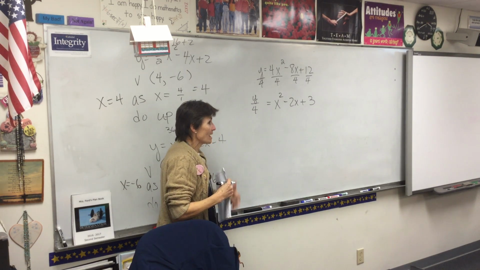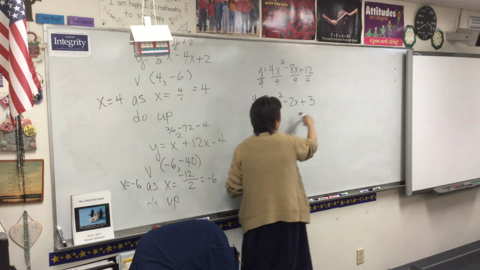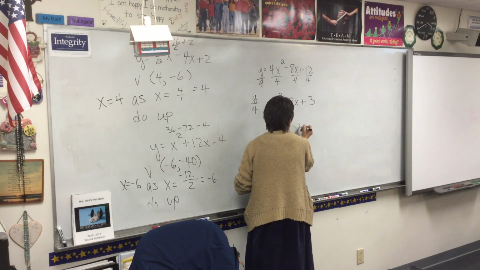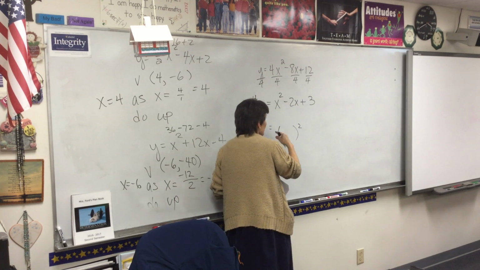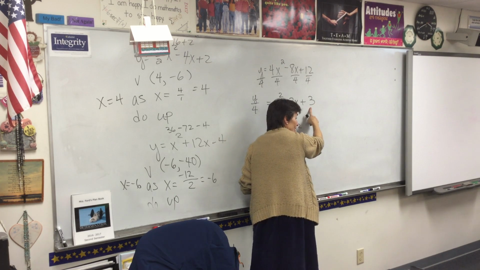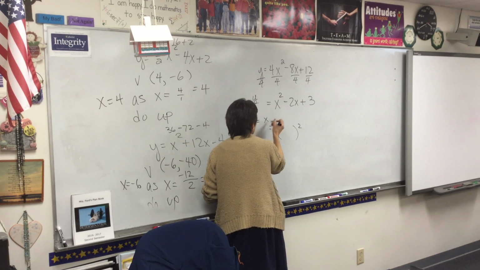Now the directions say complete the square. So you know you have to find a number that will make this a perfect square, right? But 3 is not the number. I need to get rid of the 3. So I'm going to bring it over here.